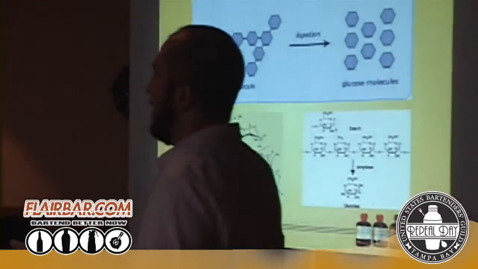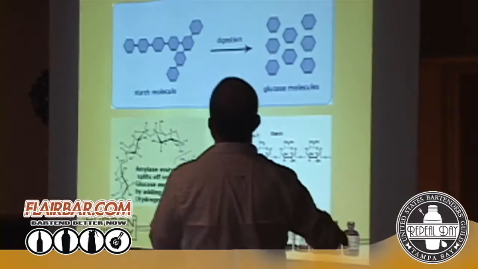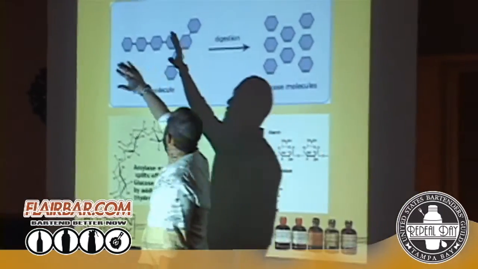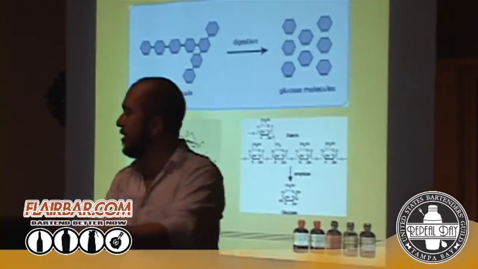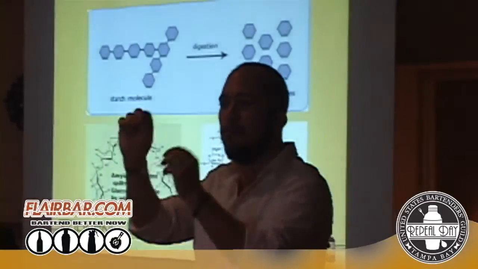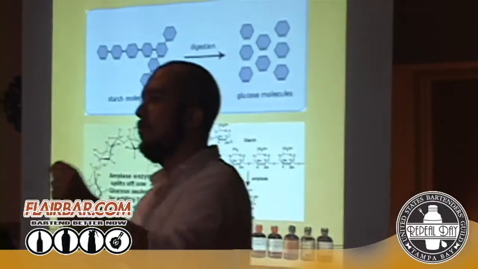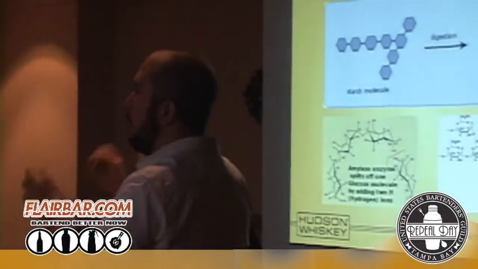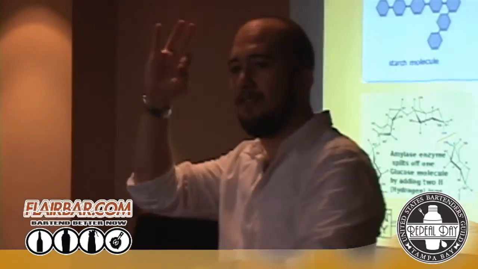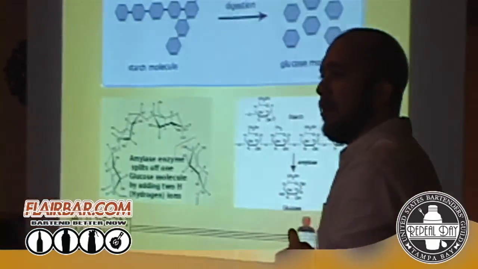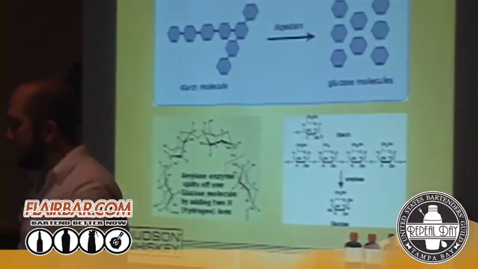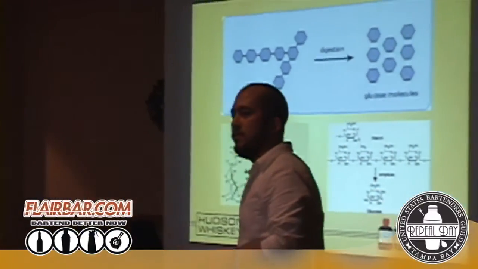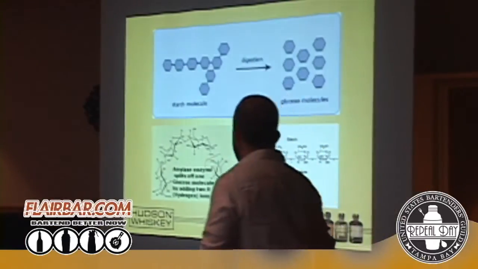The beta comes in and chops this kind of in half, and then the alpha enzyme can come in and break down the bonds in between the individual carbohydrates. And then once you've got those bonds broken down, we've got those single sugar molecules. At that point, we can introduce the yeast. Any questions on this? Okay.